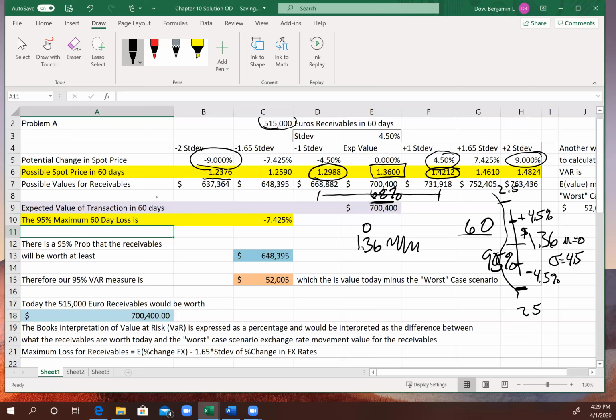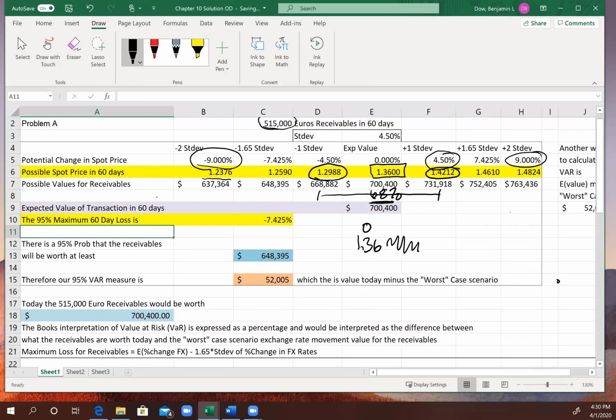Now, we don't need that much certainty. We don't want to be 97.5% certain. We want to be what? 95% certain. So we're willing to give up some of the probability because we're only worried about movements in one direction.